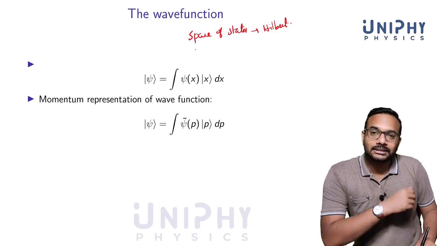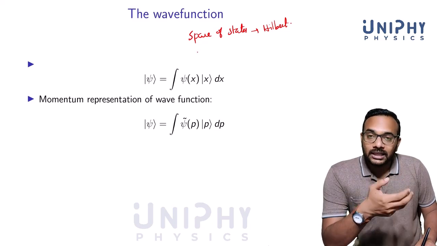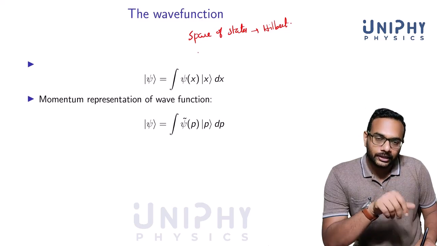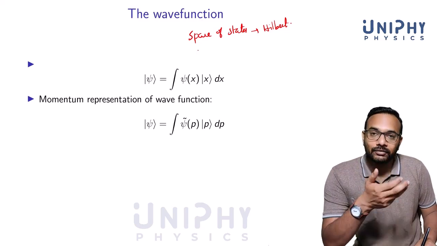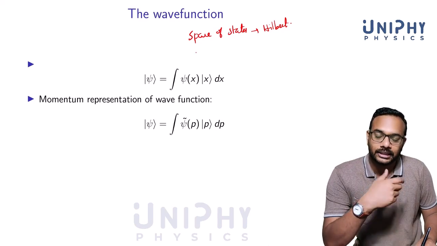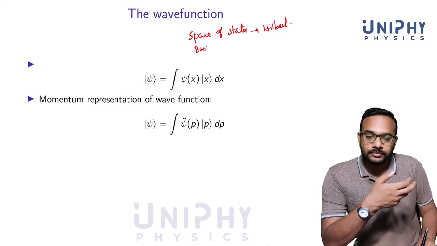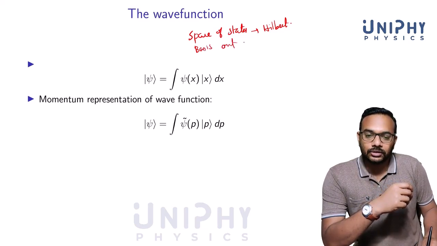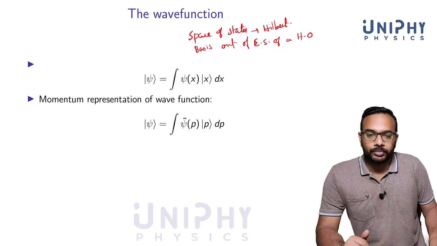Now, there's another important property that we use in quantum mechanics. Observables are represented by operators, not any operator, but Hermitian operators. And Hermitian operators have a nice property: their eigenvectors form a complete set, so you can always construct a basis out of the eigenvectors of a Hermitian operator.